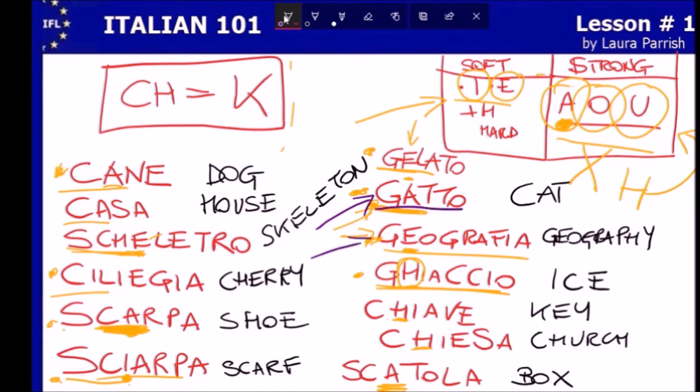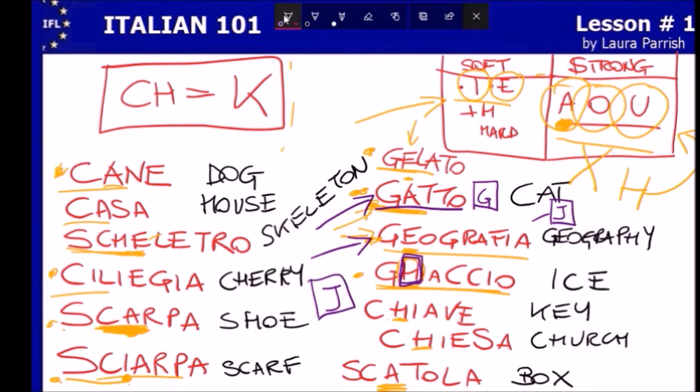Here you have the sound geografia, J. So here it sounds like this letter in English, right? Gatto. Here instead it sounds like this letter in English, geografia, J. We need to add the H to distinguish between the sound G and the sound J, because we don't have this letter in Italy. So that's why.